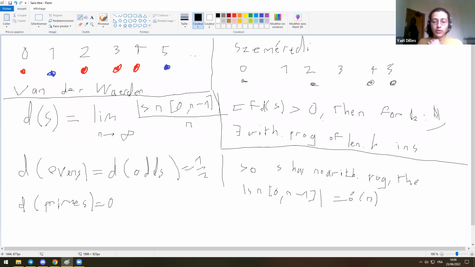Because if it was not little o of n, then it would have a strictly positive density, and Szemerédi would give you an arithmetic progression in there.